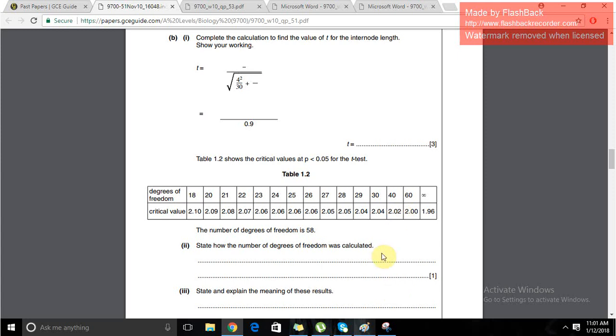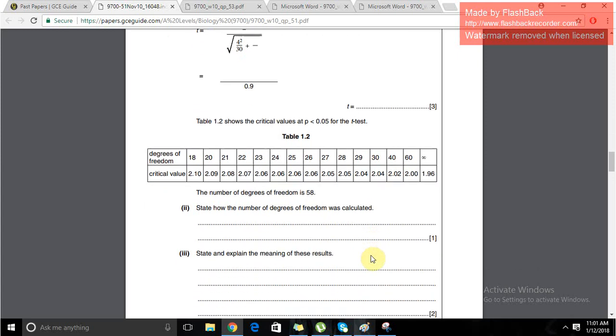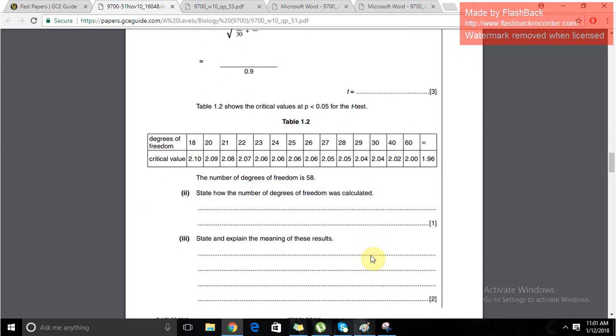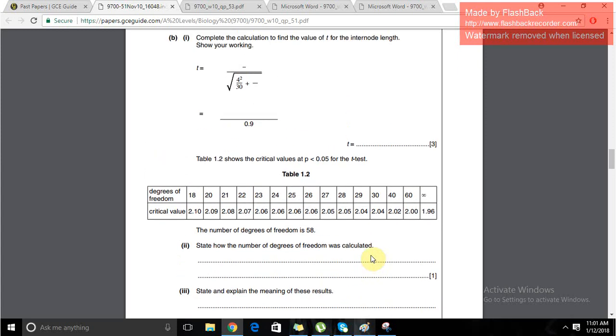So state how the number of degrees of freedom was calculated. I just did. And state and explain the meaning of these results. So the critical value is 0.05 for p equal to 0.05.